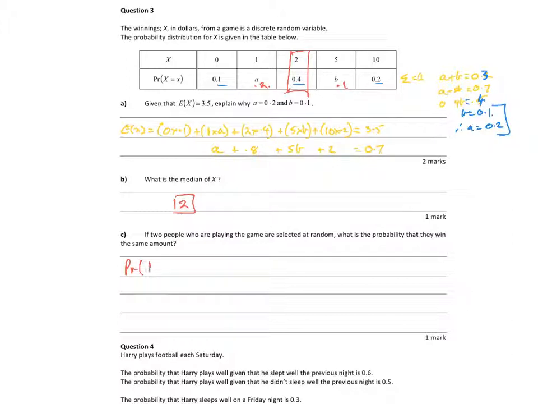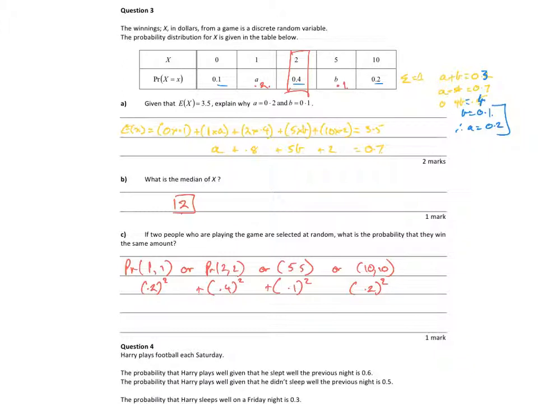So it's got to be a 1-1, or a 2-2, or 5-5, or 10-10. So the 1-1 is 0.2 squared, plus a 2-2, which is 0.4 squared. 5-5 is 0.1 squared. A 10-10 is 0.2 squared.